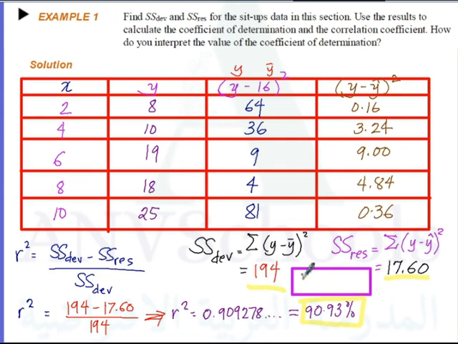And our r is just the square root of our coefficient of determination. So the square root of 0.90928, the answer will be 0.9535.